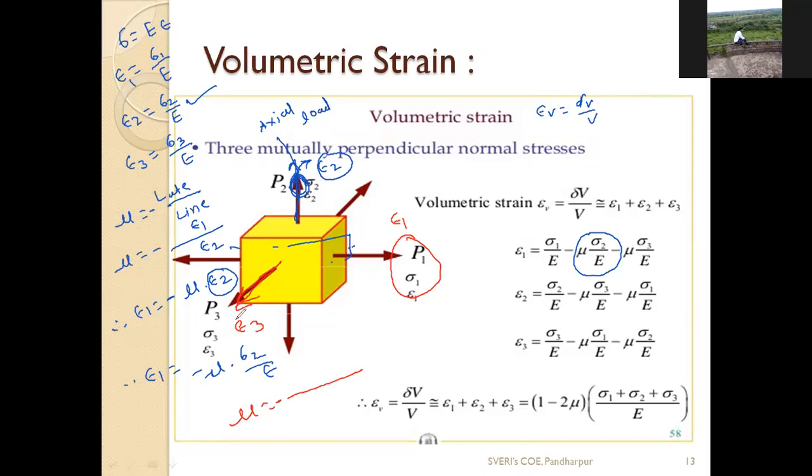We are applying load on plane 3 and we will check the effect on plane 1. Which strain is the linear strain? First you tell me. Epsilon 1 linear strain, ma'am. E1 linear. बर, आणि lateral कुठला असणार आहे मग? E3.